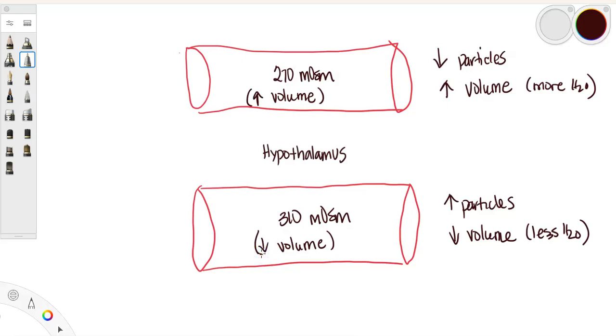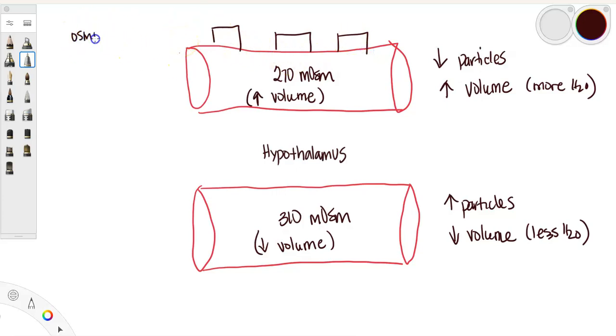All right. So what does that mean exactly, and why do we care, and what happens with the hypothalamus? Well, if we have more water in a vessel, more fluid, that means it's going to put more pressure on the walls of that vessel, and it's going to stretch those walls. So on these vessels are little receptors called stretch receptors.